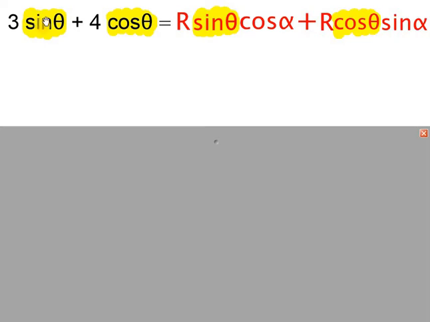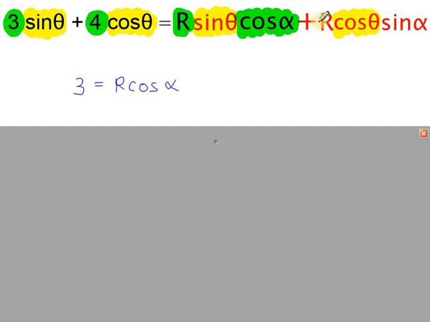That's telling us that the coefficient of sine theta, 3, is equal to the coefficient of sine theta here, which is r times cos alpha. So we have this equation. And likewise the coefficient of cos theta here, which is 4, will be equal to the coefficient of cos theta on this side. So 4 is equal to r sine alpha.